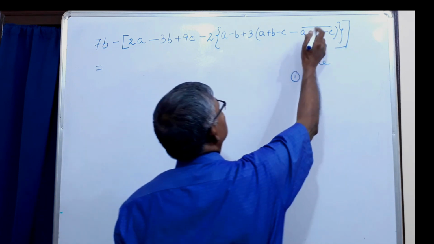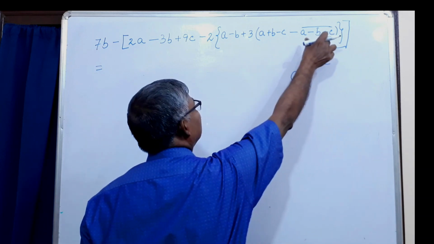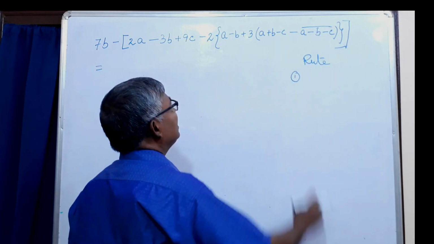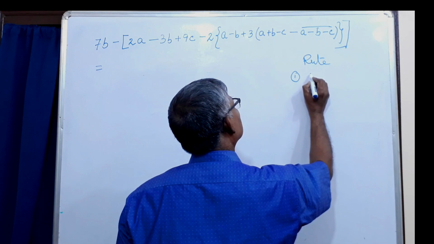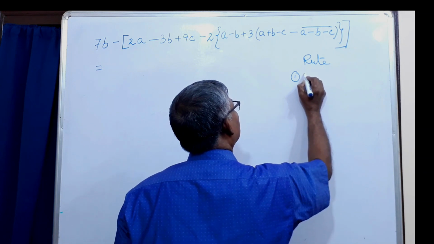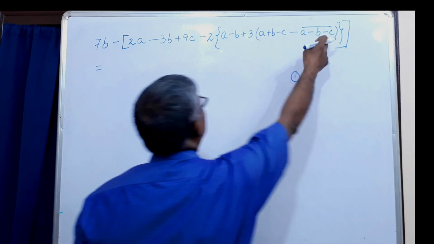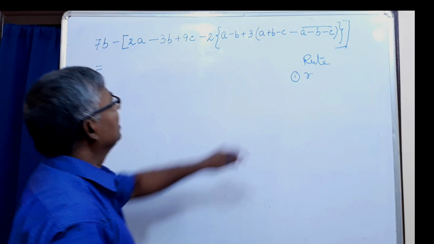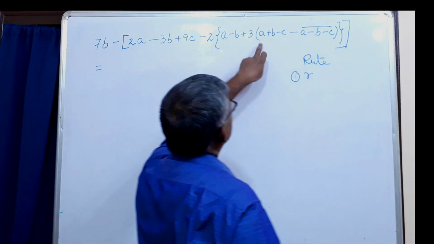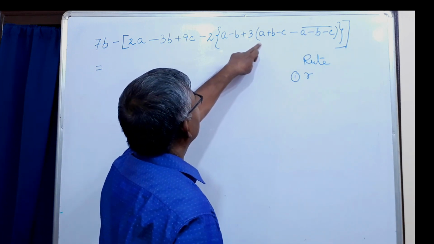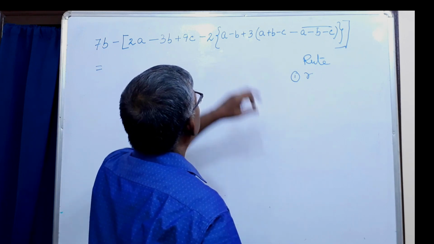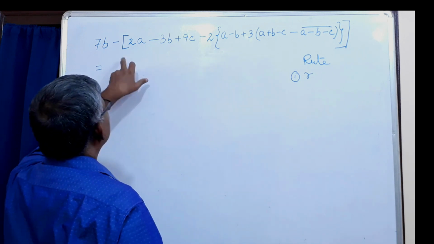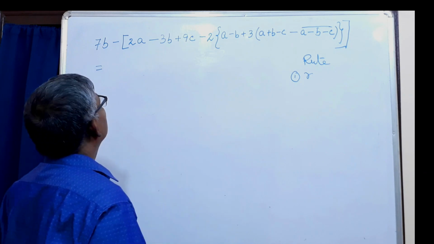Whenever all the brackets are used, here you see there is line bracket, then first bracket or round bracket, here is braces, here is box bracket.